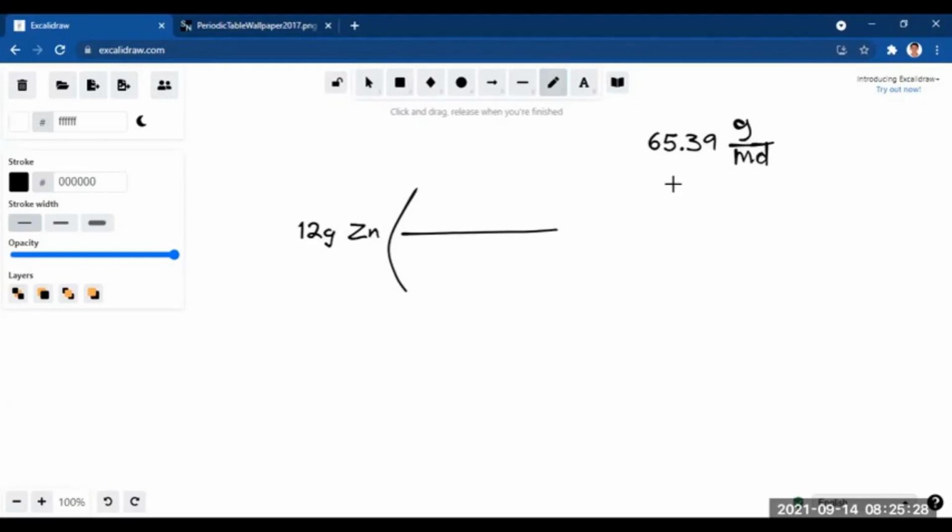Now, this is in grams, and we're looking for the number of moles, right? So we need to cancel grams and be left with moles. So we place 65.39 grams per mole in the bottom part.